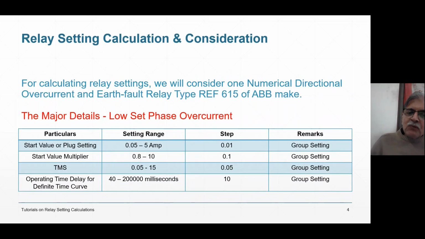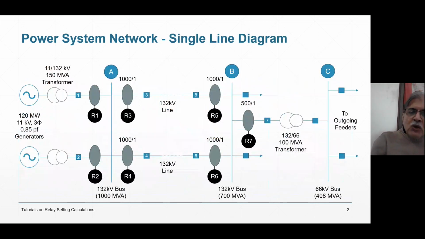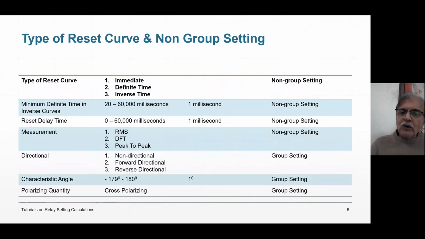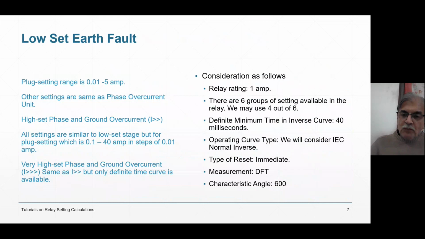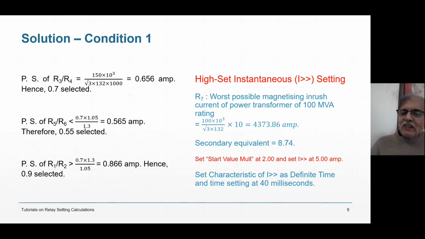And so if R3, R4 is 0.1, R5, R6 has to be less by 0.25 second. So that I cannot do if I select R3, R4 0.1, because the minimum available setting is 0.05.